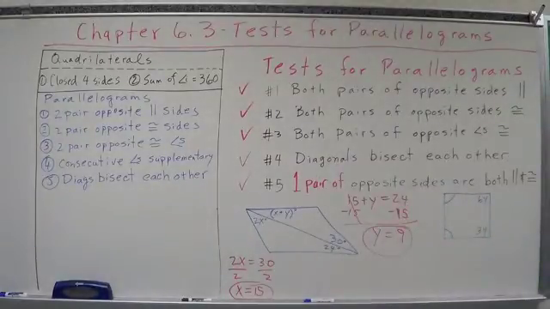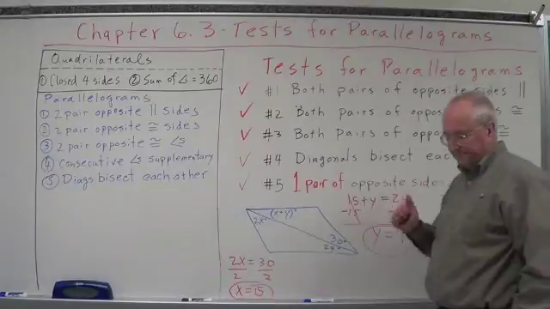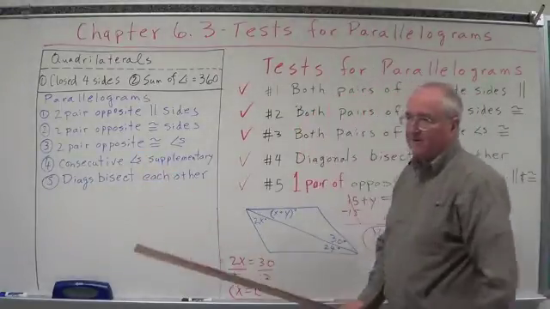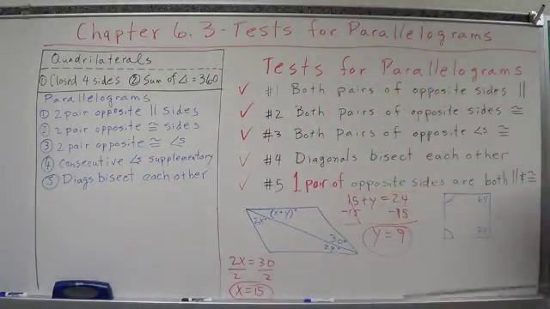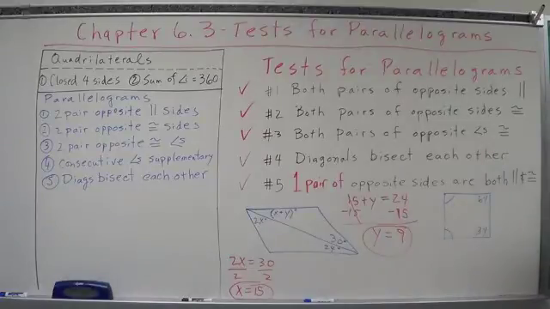We want to prove that this figure here is what? Parallelogram. Great. What does this mean? Well, we know that these two angles are congruent. In order for this thing to be a parallelogram, these two angles are not opposite each other. They are consecutive.